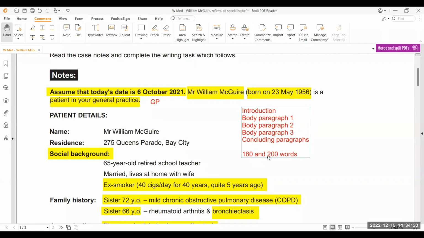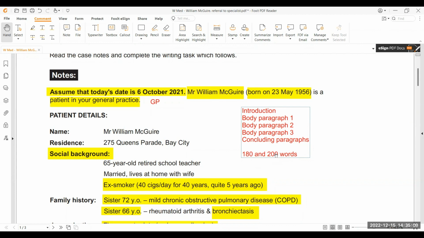If you are, let's say, writing over 200, that's not going to be a problem as long as it's not too significantly too much. That maybe could tell you is maybe you're already including information which is not going to be relevant for the reader.